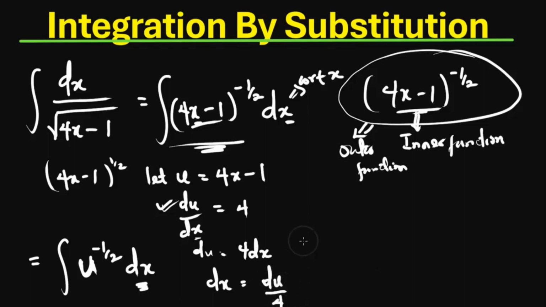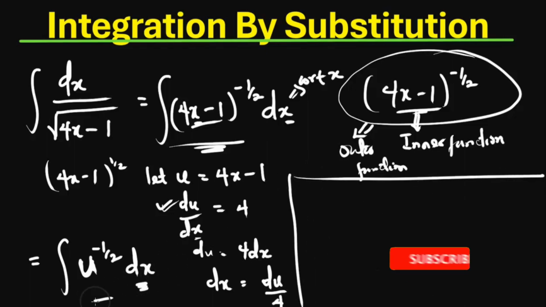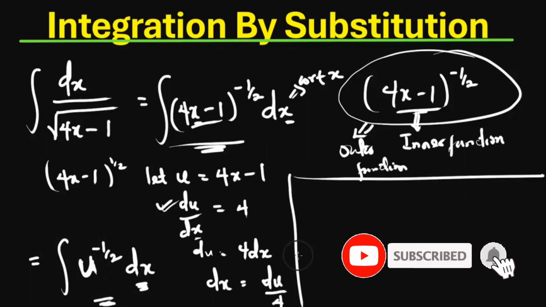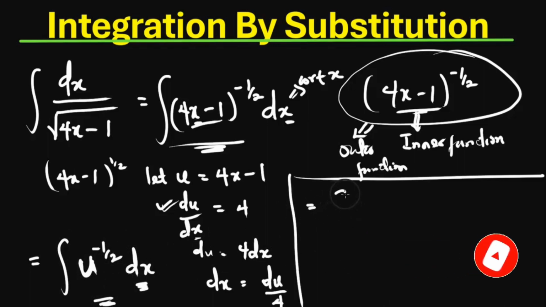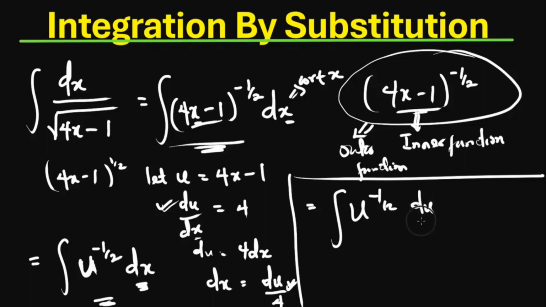So, continuing the problem, this is equal to the integral of u raised to power minus half, then we replace dx with du over 4.